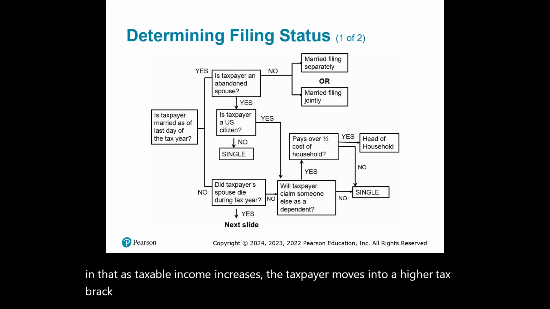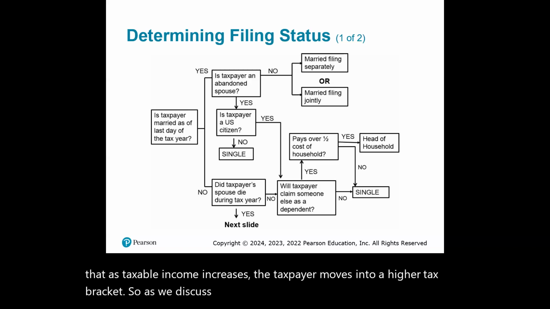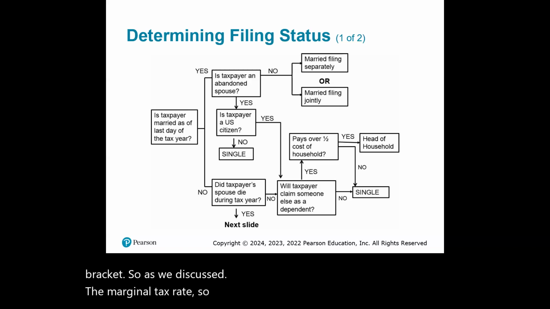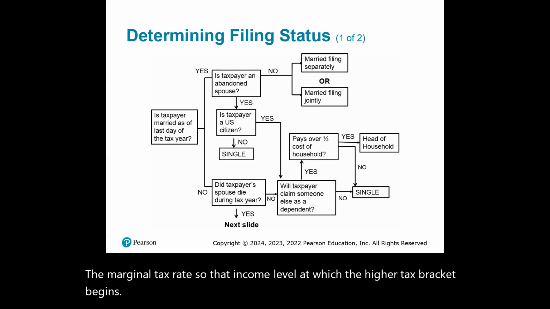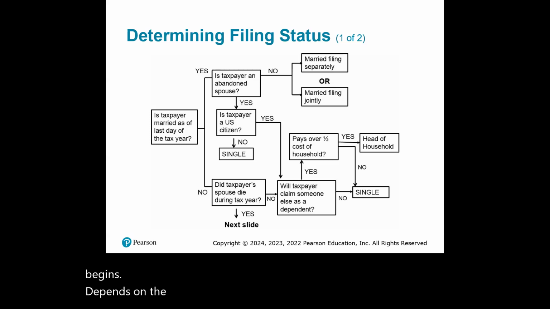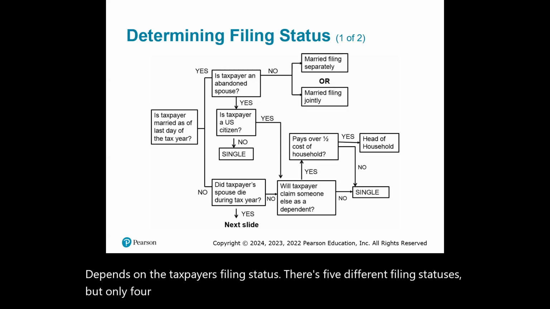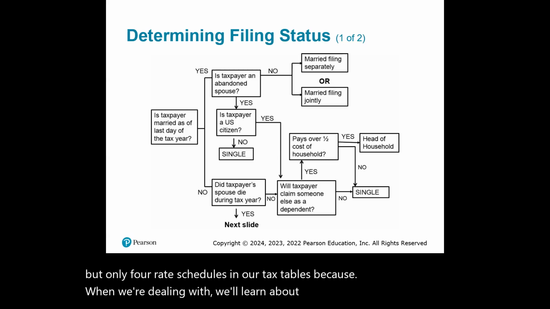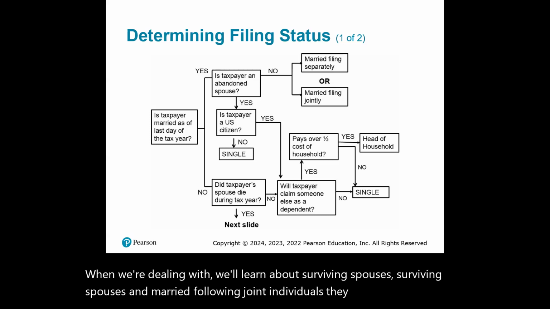So as we discussed, the marginal tax rate. So the income level at which the higher tax bracket begins depends on the taxpayer's filing status. There's 5 different filing statuses, but only 4 rate schedules in our tax tables, because, as we'll learn about surviving spouses and married filing joint individuals, they essentially use the same tax table.